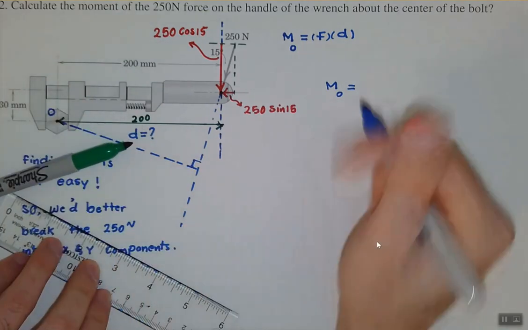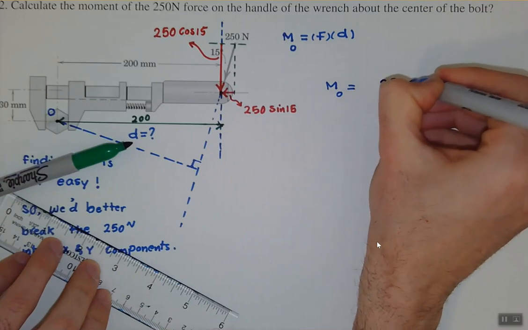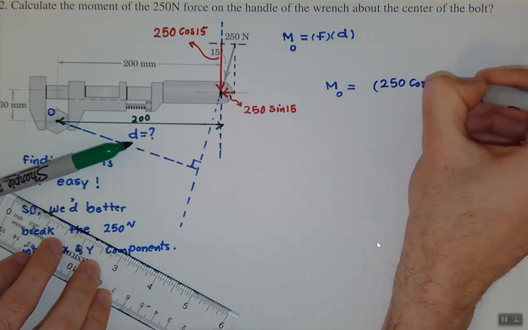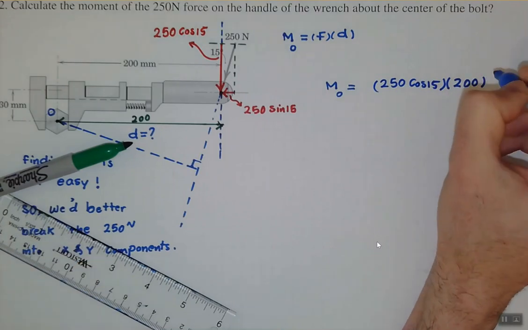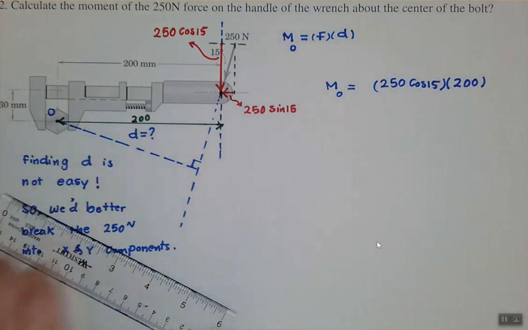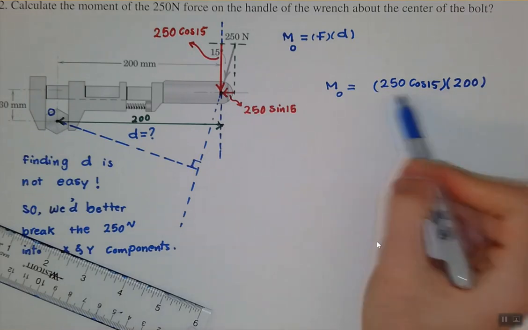So MO then is 250 cosine 15 multiplied by the distance, which is 200. For now, let's keep the units in millimeters and the forces in Newton. At the end, we can decide which unit we want, right? So this is the math.